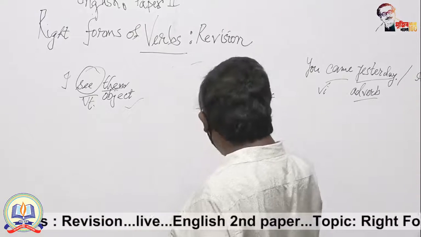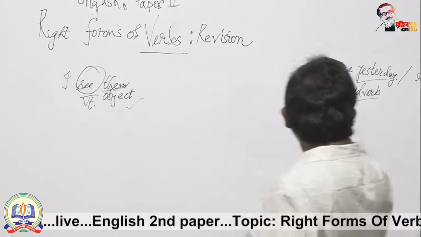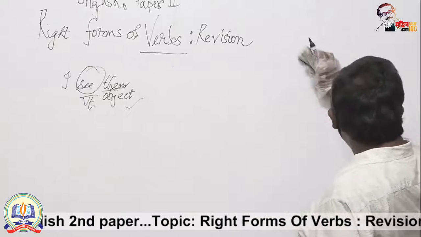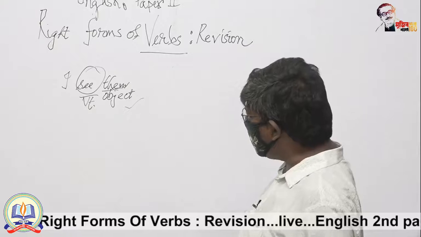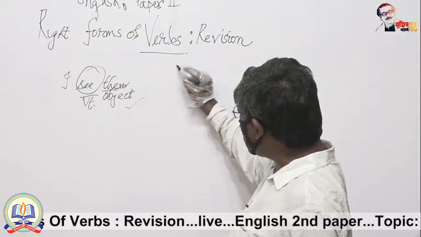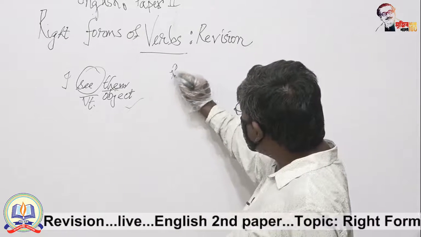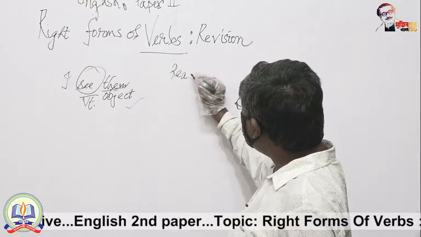There are transitive verbs which always are used with a noun or noun phrase as the object. For example, there are so many verbs. I am citing a few examples.